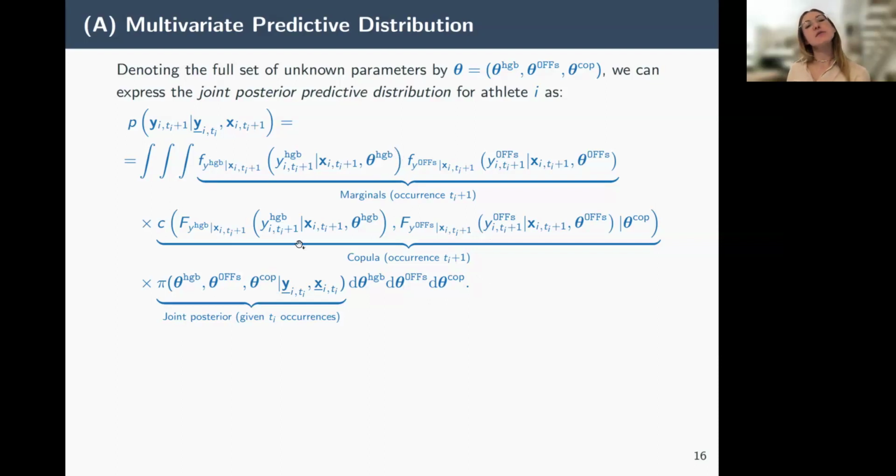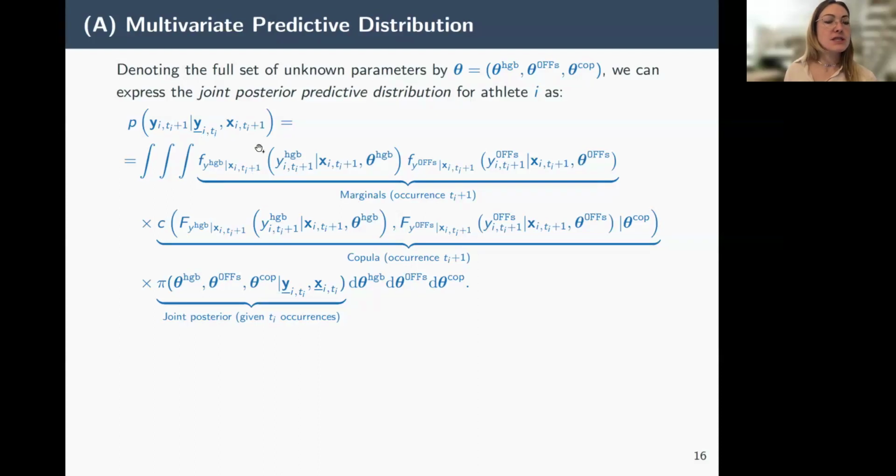Notation is a bit heavy because it reflects all the longitudinal setting, all the different individuals, and all the different parameters that we have here. But what's important to notice is that basically we split the full distribution into two univariate distributions given by the distribution of each single biomarker and their dependency structure.